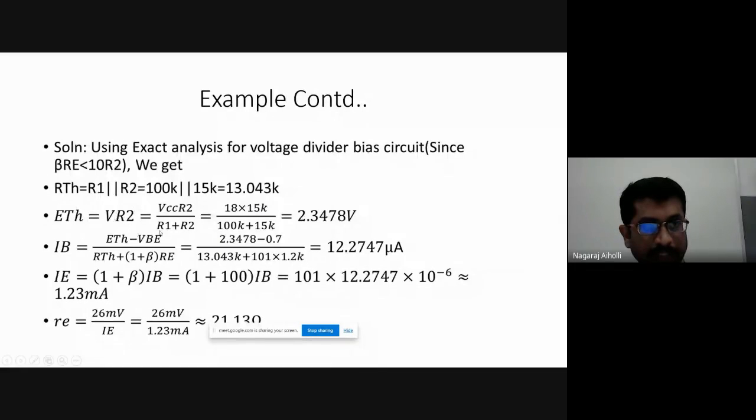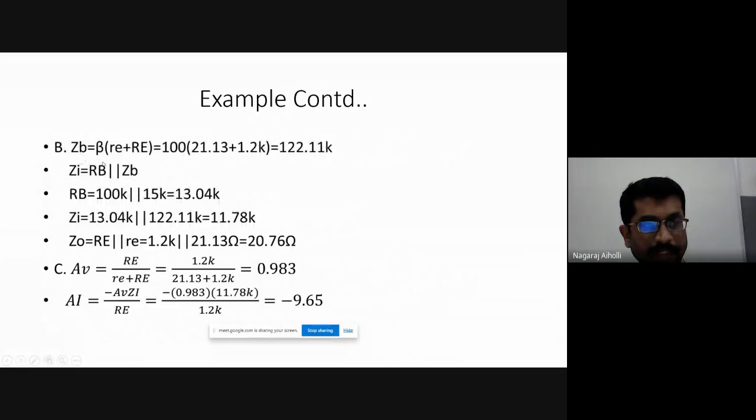RTH is R1 parallel R2, ETH is VCC into R2 by R1 plus R2, IB is ETH minus VBE divided by RTH plus 1 plus beta into RE, IE is 1 plus beta into IB, ZB is beta into small re plus capital RE, ZI is RB parallel ZB, then Z0 is capital RE parallel small re, voltage gain AV is equal to capital RE divided by small re plus capital RE, then current gain AI will be minus AV into ZI divided by capital RE.